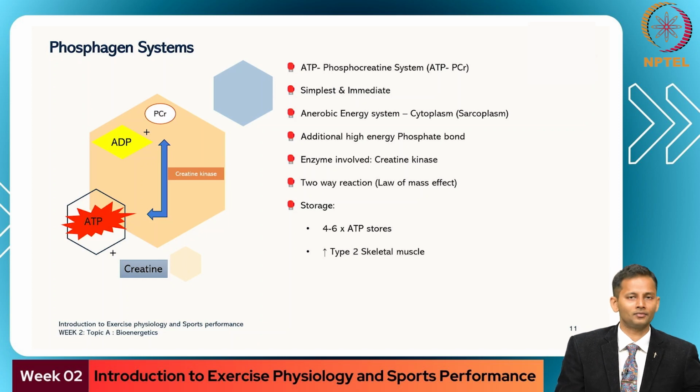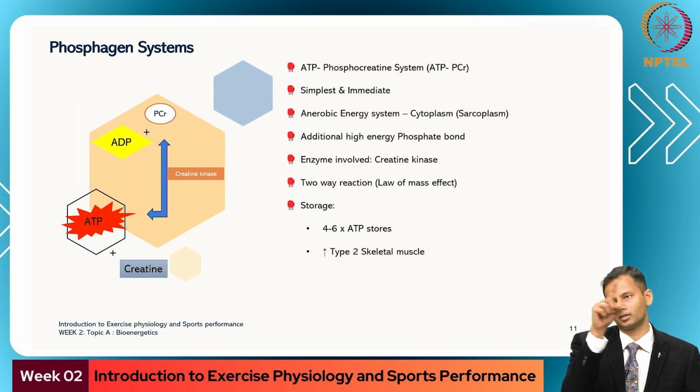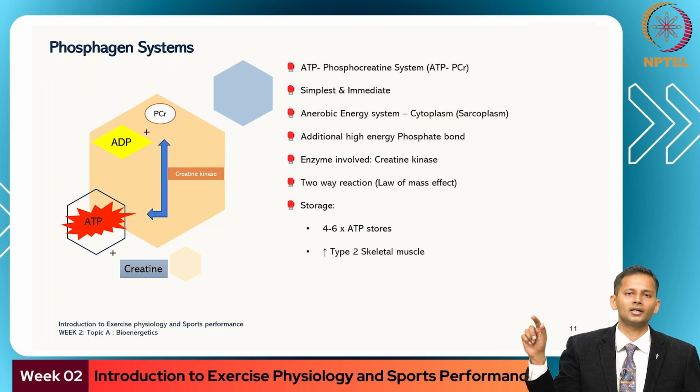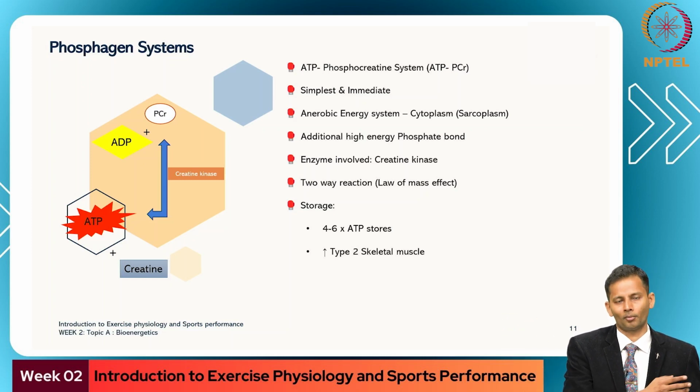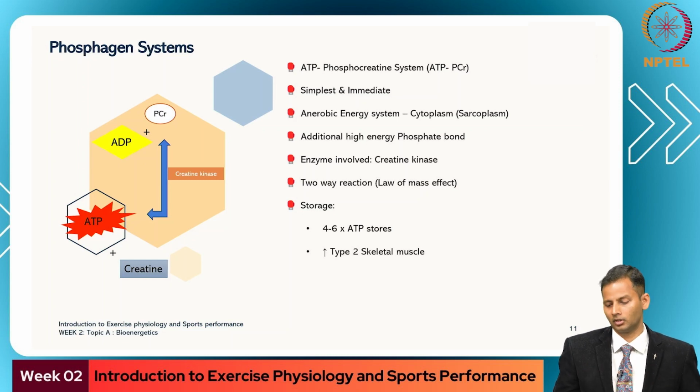Say for example, if you are doing some work, ATP which is stored has been utilized. So naturally the ATP has gone down. So this also causes an increase in the ADP. This ADP again triggers the reaction. So the products are again formed. So that's a continuous feedback loop that happens in the body.